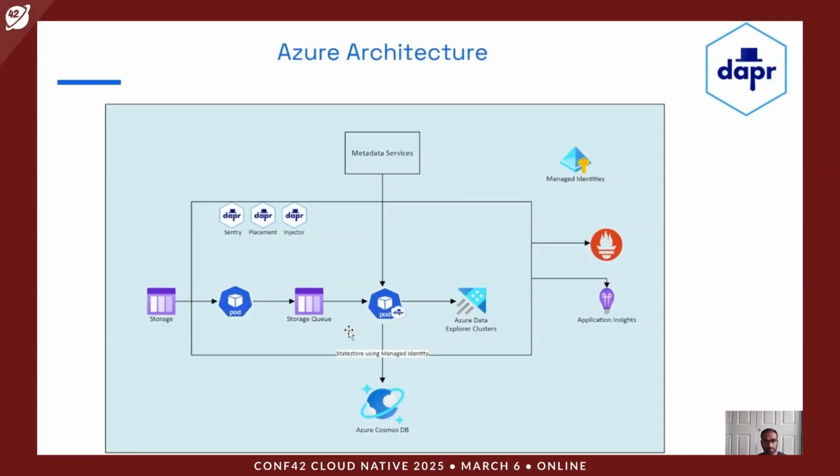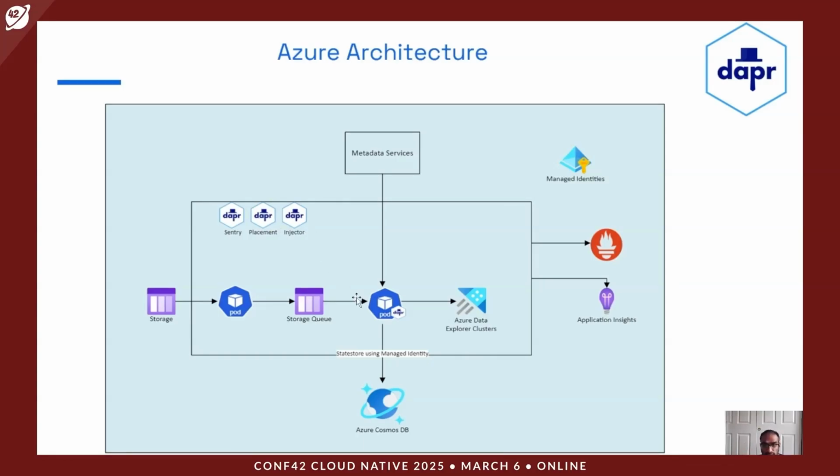What you're seeing here is an example of a setup that my team uses when running Dapr on Kubernetes. When we install Dapr, we also get the Dapr Sentry service, which is responsible for distributing certificates and so on. And then there is also the Dapr placement service, which is responsible for distributing your workflows or the activities inside the workflows across multiple Dapr hosts.